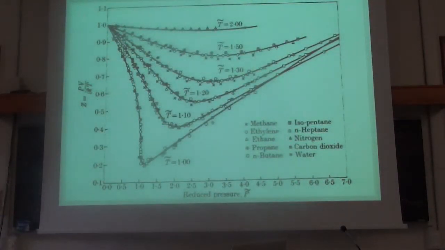And actually you can have a very interesting check of this law, just measuring this ratio, PV over RT, for many, many gases at different temperatures. You observe that they always collapse on a universal curve. Okay? So this is called universality.